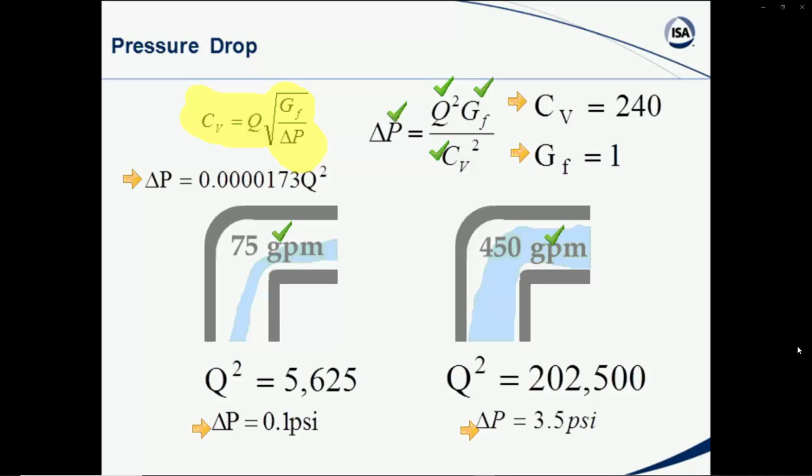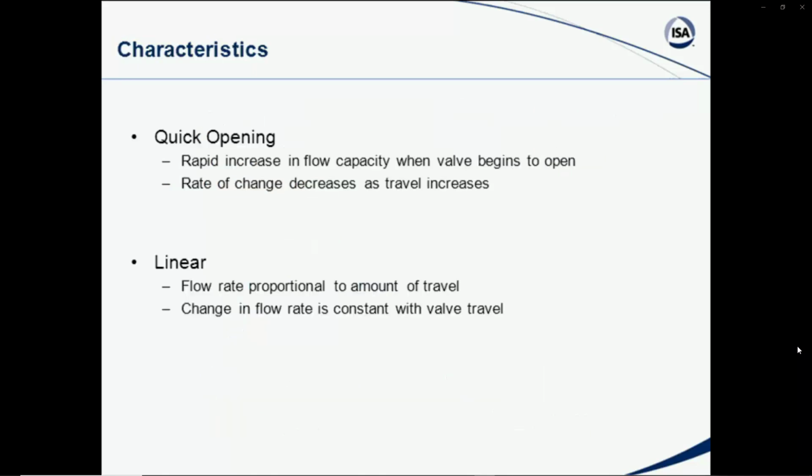Now, that means that the valve is the one device in the system that is adjustable, and therefore it receives whatever pressure is not being used in elevation changes, fitting losses, friction losses, or equipment losses. That is left for the control valve, and therefore you have to check and make sure it will handle the maximum flow condition and the minimum flow condition, not just the one condition that we normally think of.